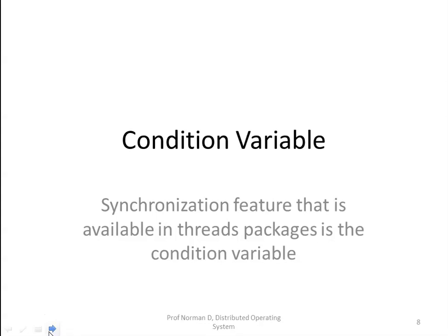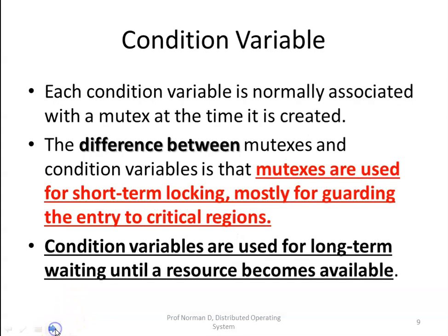Now about condition variables. A condition variable is a synchronization feature that is available in thread packages. Each condition variable is normally associated with a mutex at the time it is created. So we need to understand the difference between a mutex and a condition variable.